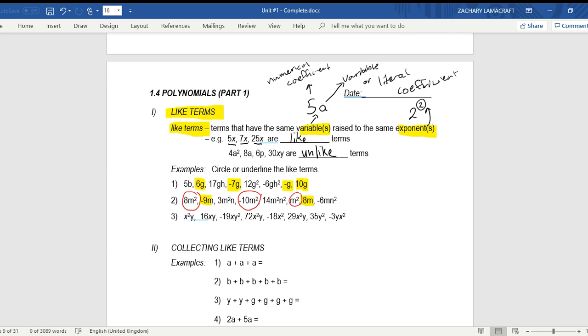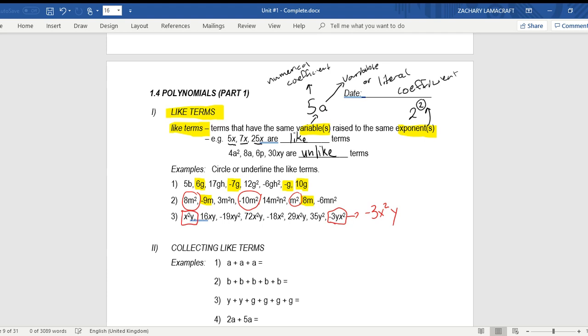Whew. Now we've got a couple others. For our next one, we have x squared y, 16xy, negative 9xy squared, 72x squared y, negative 18x squared, 29x squared y, 35y squared, and negative 3y x squared. So this one right off the bat, I'm just going to change it to this because we always want to keep these in alphabetical order, and y comes after x. So if that's the case, I know we've got a couple right off the bat.